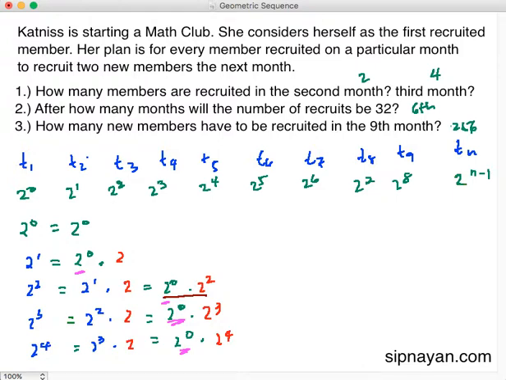Okay, let's have the general form. T sub 1 yung ating first term, di ba? T sub 1 equals t sub 1. Tapos, paano natin makuha yung second term? T sub 2 equals t sub 1.